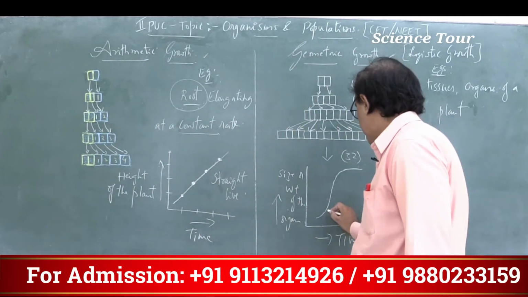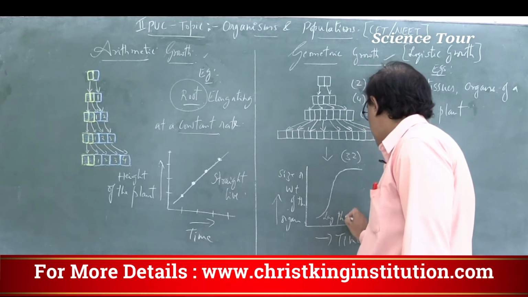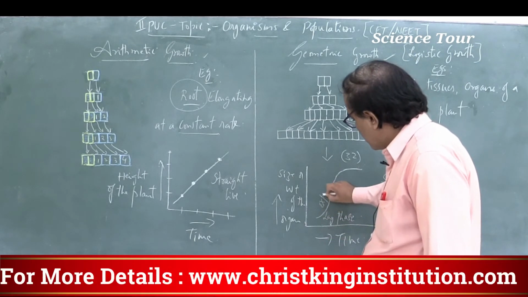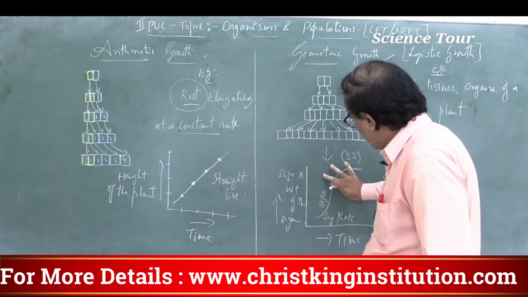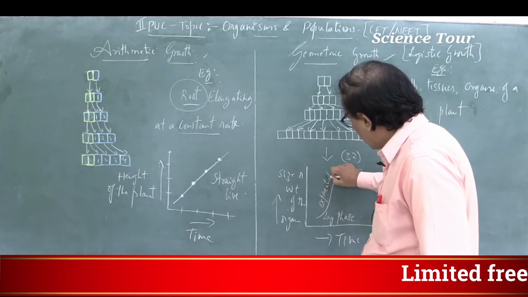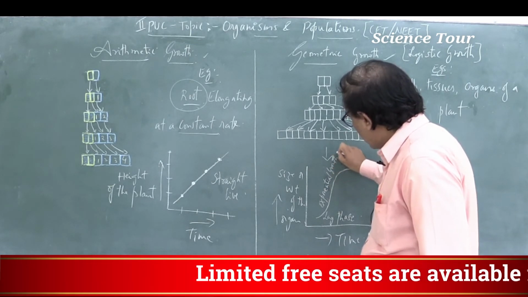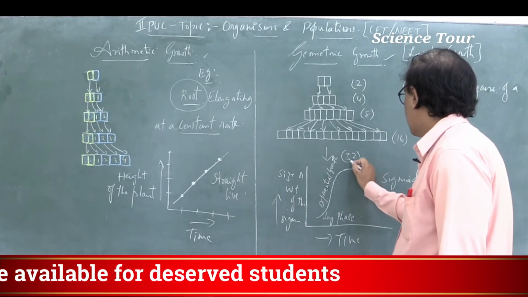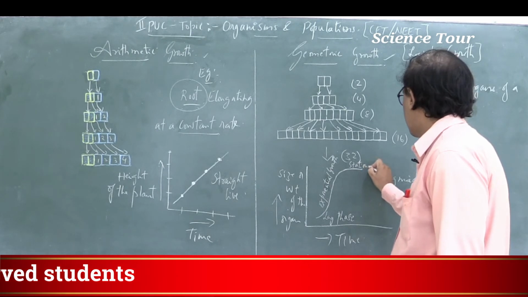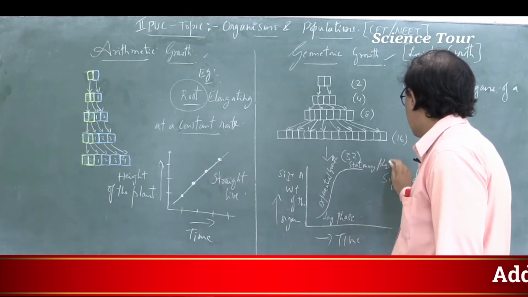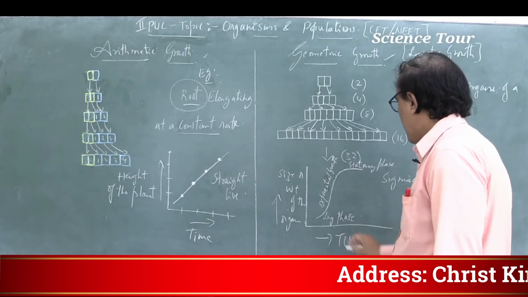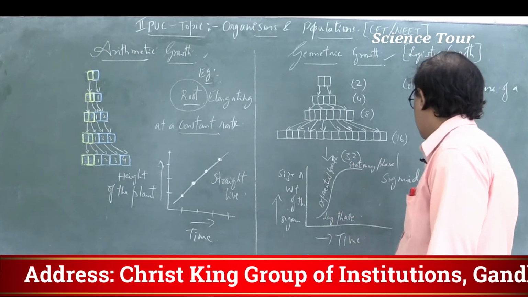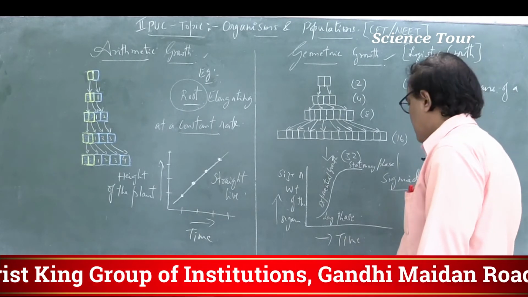The first phase is the lag phase, followed by the exponential growth, which is followed by the stationary phase. Or lag phase, then log phase, then exponential phase, then stationary phase. Okay, so you get a sigmoid curve.